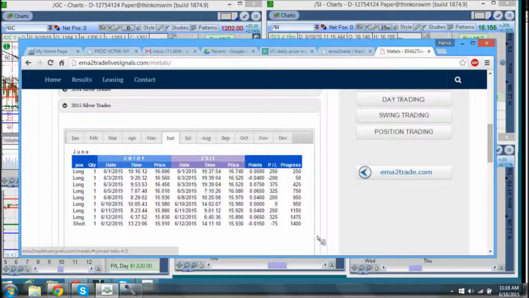And so far this month, besides what we did today, you show here that the month of June day trading, we're up 1,400, and the losses have been minimal. Out of 1, 2, 3, 4, 5, 6, 7, 8, 9 trades, two are losses. So you can confirm the metrics if you want to see how real the system is.